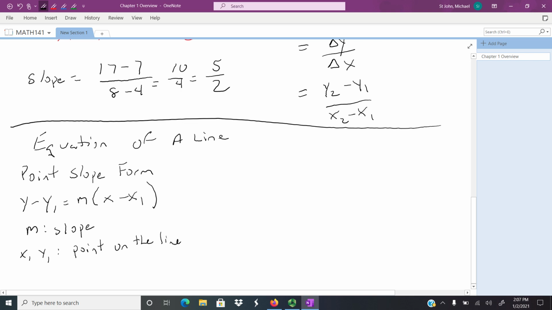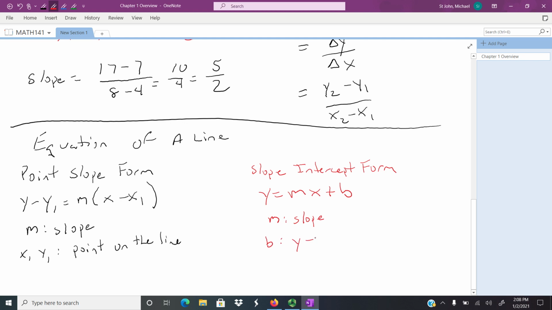The other way we can write this is the slope-intercept form, which is y equals mx plus b. Here, m again is the slope, and b is the y-intercept.